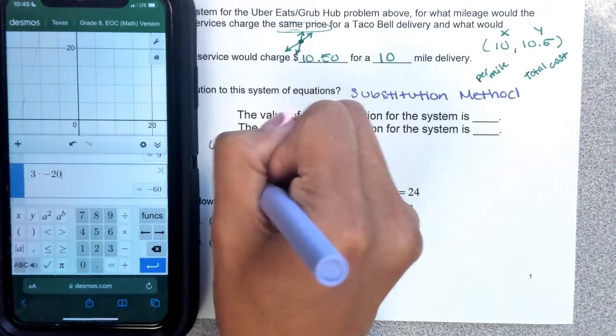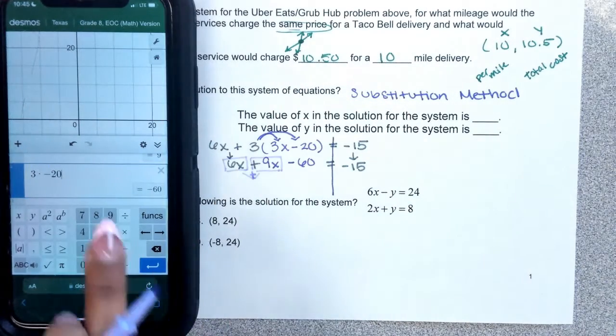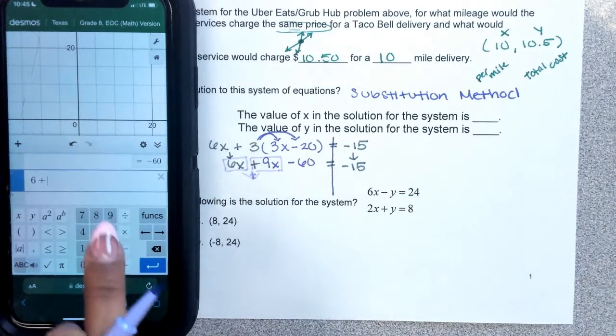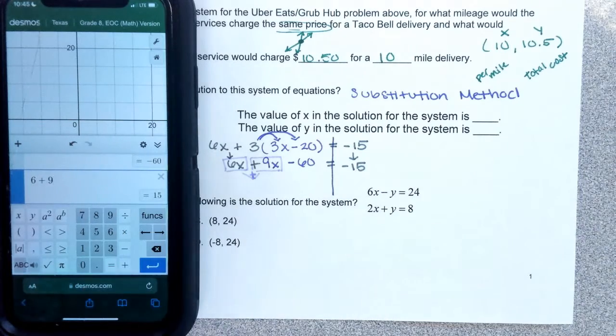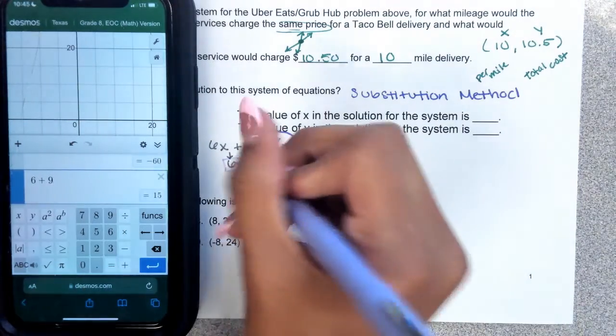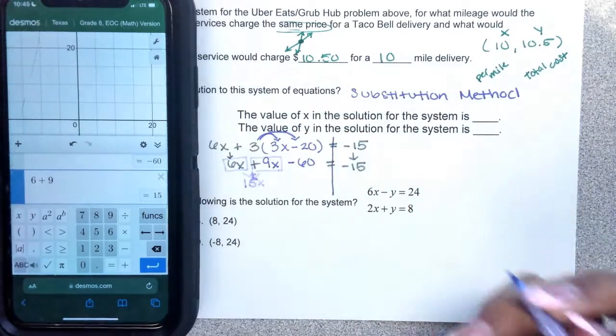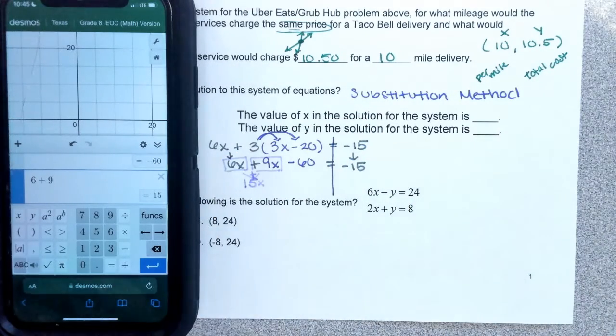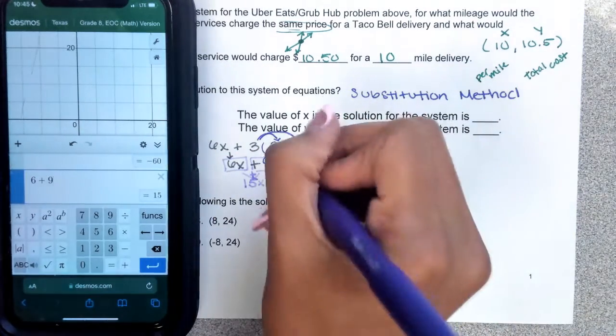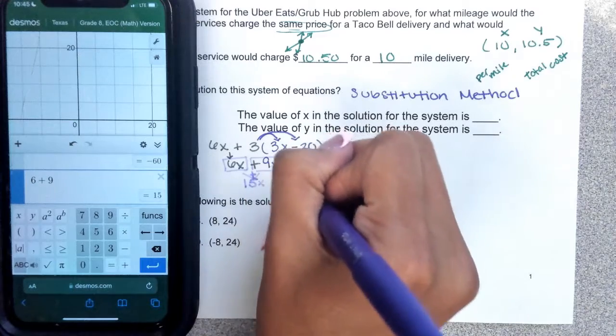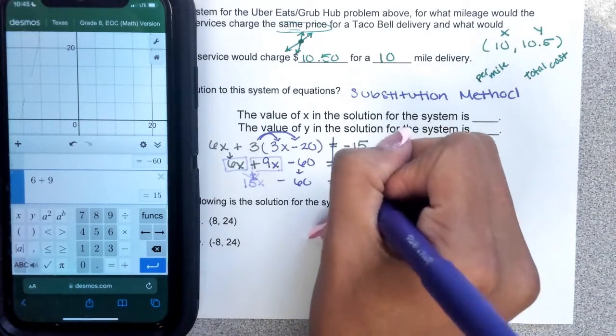So you're going to add those two together. 6 plus 9 is 15. So we get a positive 15x. And then I'm going to bring down everything else. So bring down that minus 60 equals negative 15.